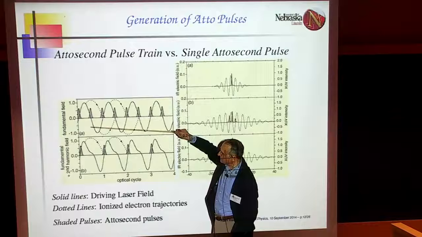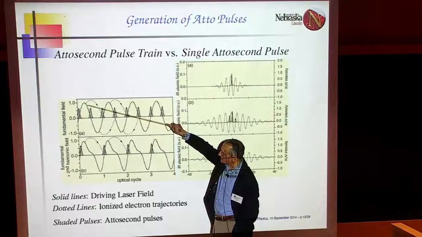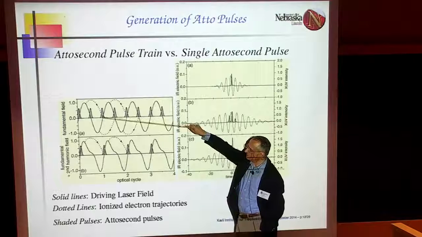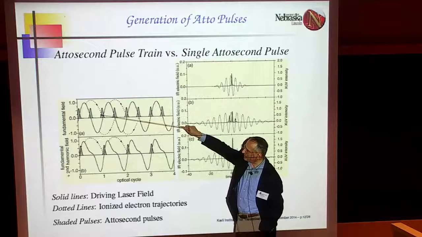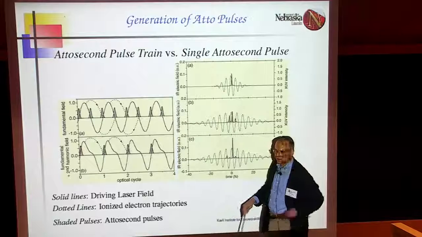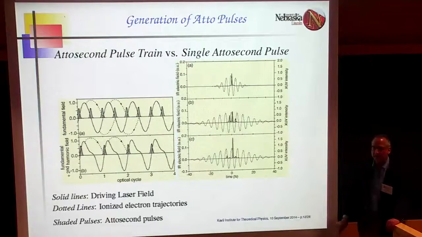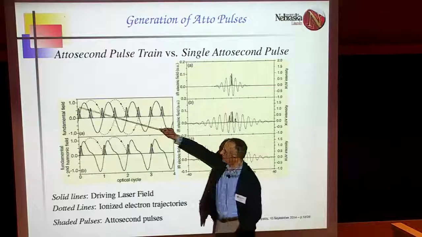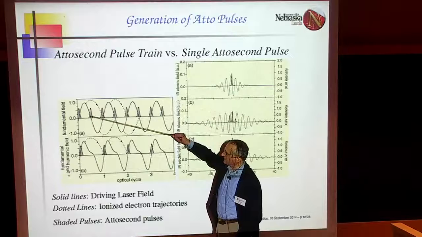It goes from positive to negative, so the electron, instead of going away, now comes back, and when it returns to the atom from which it was ionized, it can emit a pulse of light. And this pulse of light is generally of attosecond duration. And so by using intense laser light, you can get these attosecond pulses.